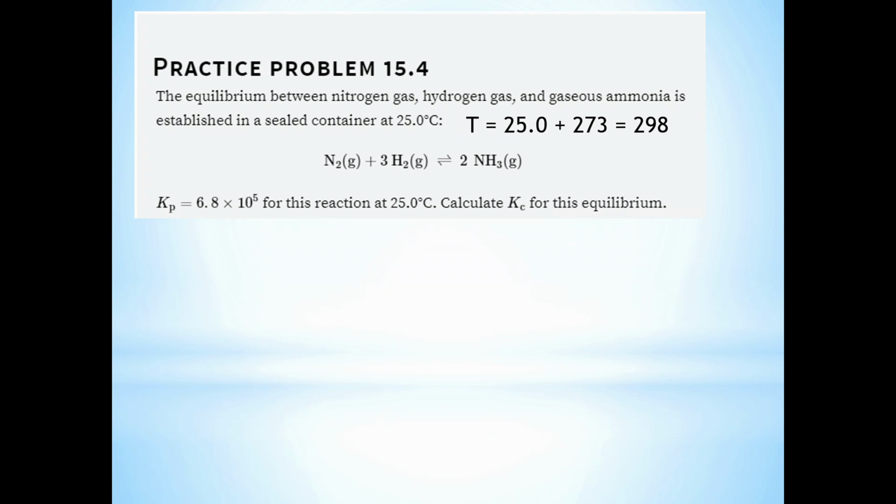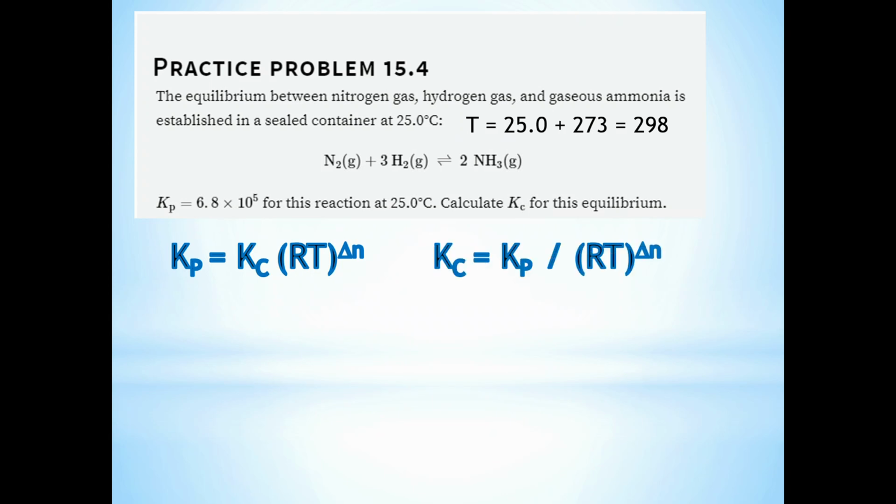So now we're going to go backwards here. If Kp equals Kc times RT to the delta n, then Kc is going to be Kp divided by RT to the delta n. Well, delta n here is 2 minus 1 plus 3, or negative 2. I'm going down by 2 moles of gas.